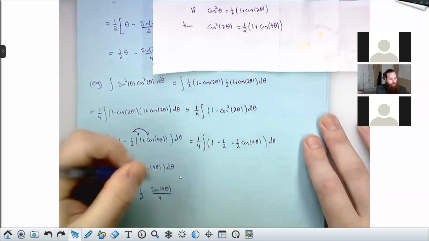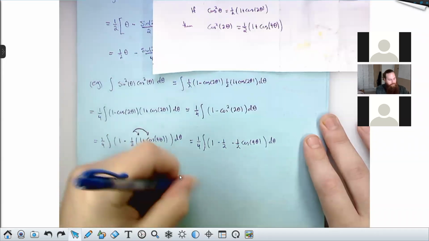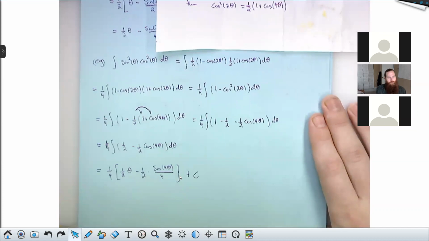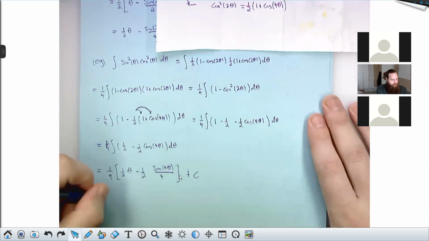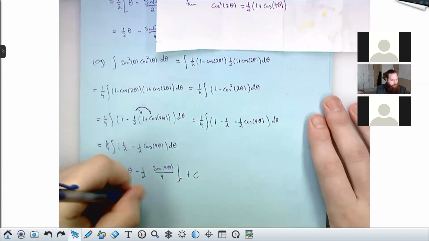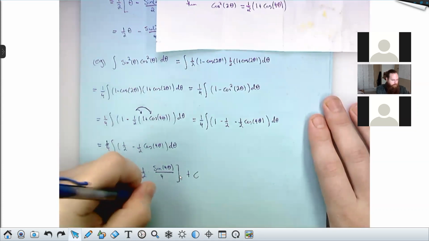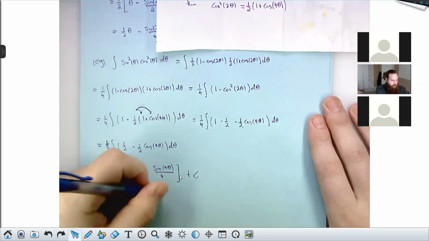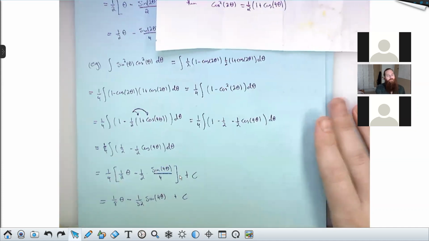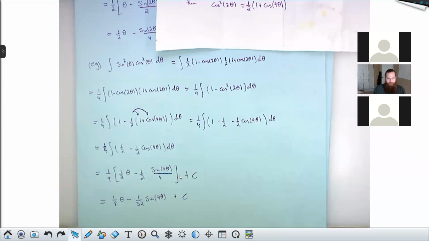So here when we integrate, our little micro u sub gives us a 4 downstairs. So all together now, if I distribute this 1/4, I'll have 1/8 theta minus 1/8, and then another 1/4 will make 1/32 times the sine of 4 theta plus c. So that's sine squared times cos squared.